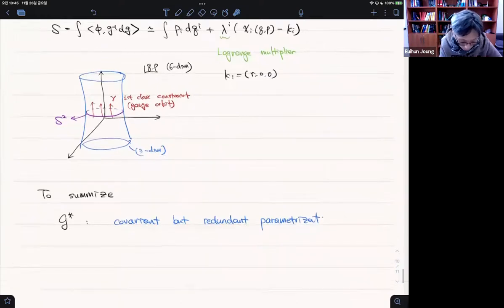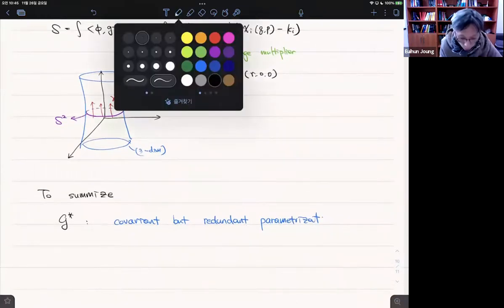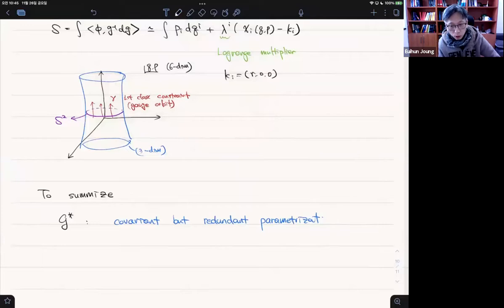So this redundancy can be removed by imposing a constraint, but this constraint has something to do with some other group, which is the dual group. That is where this dual pair correspondence comes in.